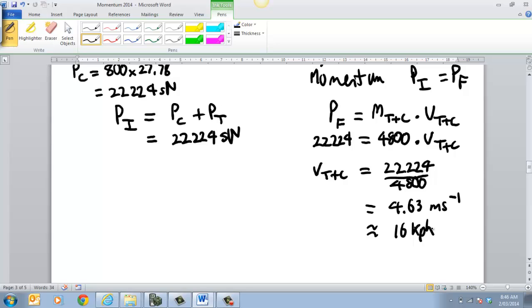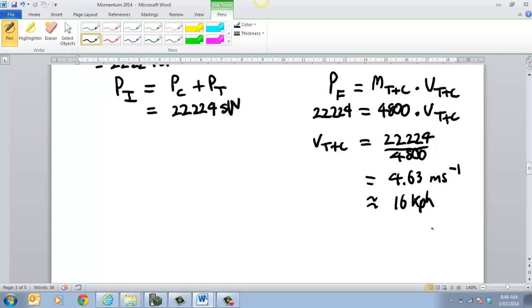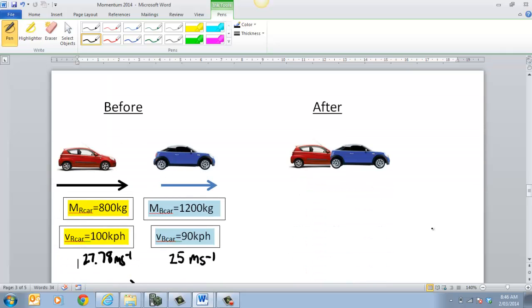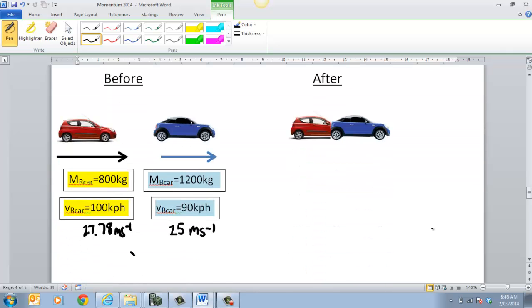Now, the one that you'll get in your test, and I'm expecting you to do, will be something like that, where you've got something going in the same direction. Example number 2 today is looking at two cars. We've got a blue car and a red car, and they've got different masses and different speeds. I've already done the calculation for changing that to metres per second, because you need to be working in SI units.